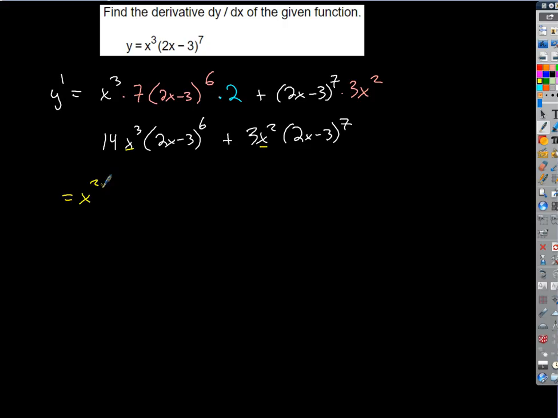So x squared, and then I've got 2x minus 3 to the 6th. And then what's going to be left over if we do all that? From the first term, 14x. Good, that's it, right? Okay, plus, and then we get our plus 3.